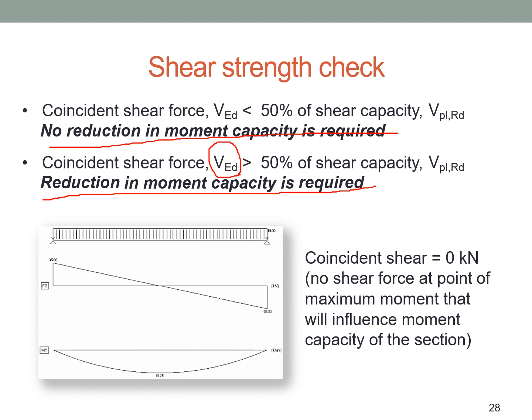So you need to make sure that our VEd is not greater than 50% of the Vpl,Rd, otherwise you need to reduce the moment capacity. Okay, so the coincident shear here is 0 since the maximum moment occurs at the center and the V value here is equal to 0.